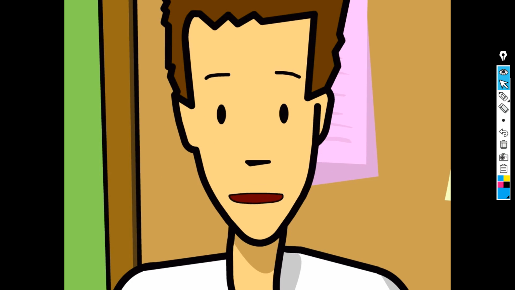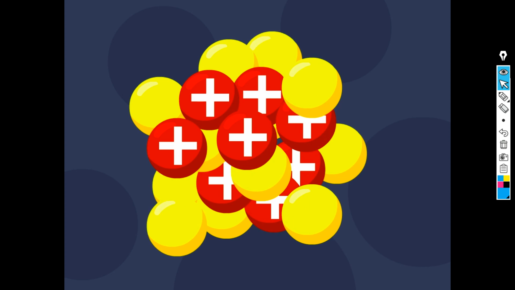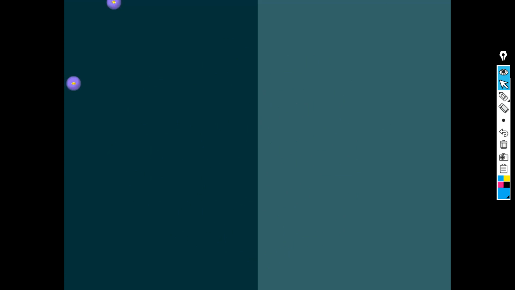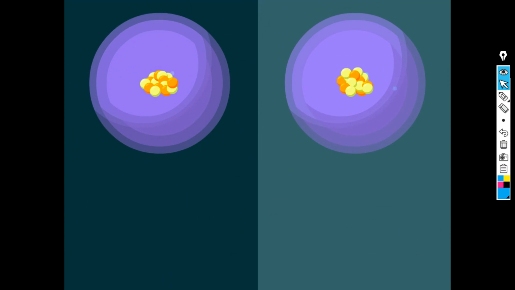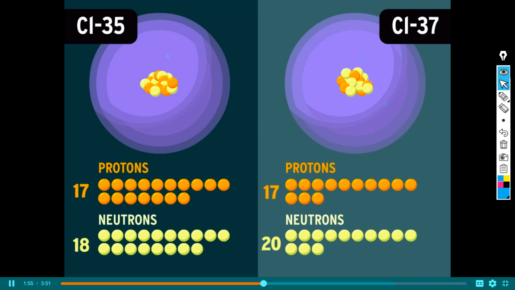But there's always more than one way to glue a bunch of protons together. Depending on how they randomly stack up, they might need more or fewer neutrons to keep from flying apart. That's why all elements naturally occur in isotopes, atoms with different numbers of neutrons. Chlorine has two natural isotopes, chlorine 35 with 18 neutrons, and chlorine 37 with 20.